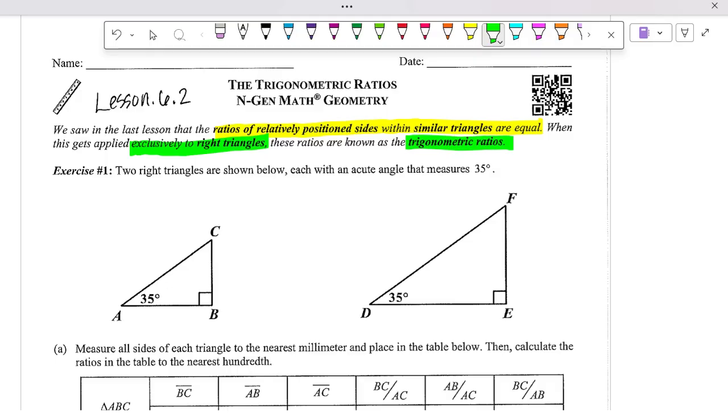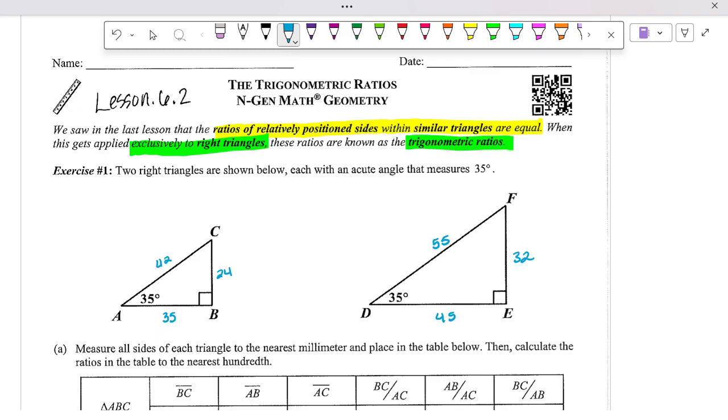Now, below you get two right triangles, and they have that acute angle of 35 degrees marked. Now, it asks you to measure all the sides, but for timing's sake, I'm just going to give you the measures. This is 42, 35, 24. This is 55, 45, 32.